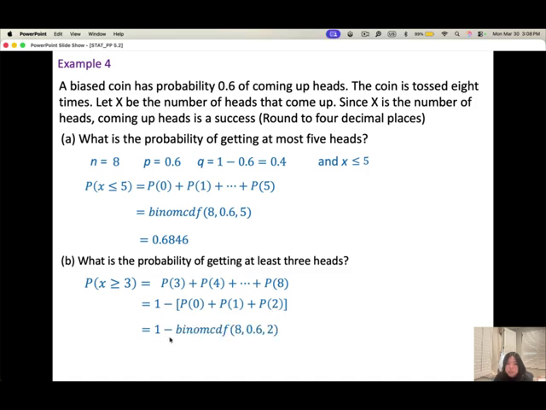So I will have 1 minus binomcdf of n, p, and then the x is going to be 2. Use your calculator, 1 minus this. You should get 0.9502. Put a star for this kind of question. For sure, you guys are going to see it on the exam.